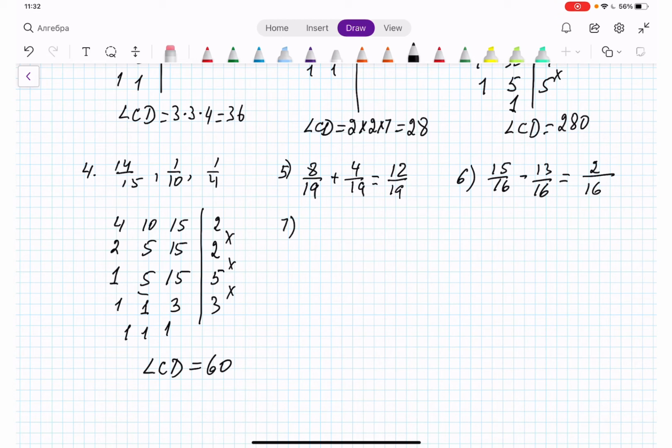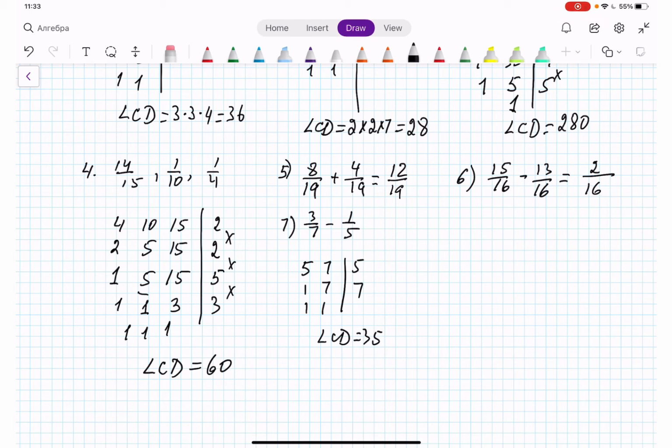3 over 7 minus 1 over 5. Although we all know the common denominator is going to be 35, let me do it real quick. 5 I can divide by 5, right? This is 1, 7 stays, and then divide by 7, 1, 1. So LCD is 35.